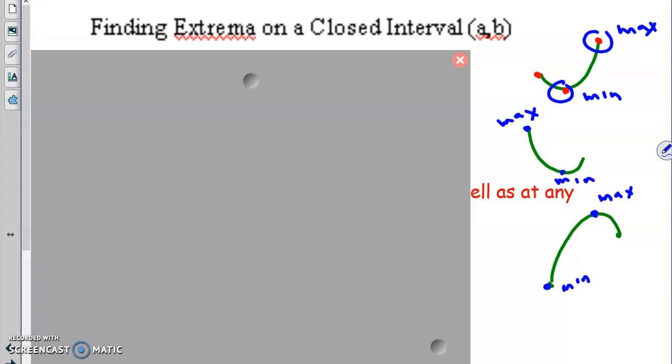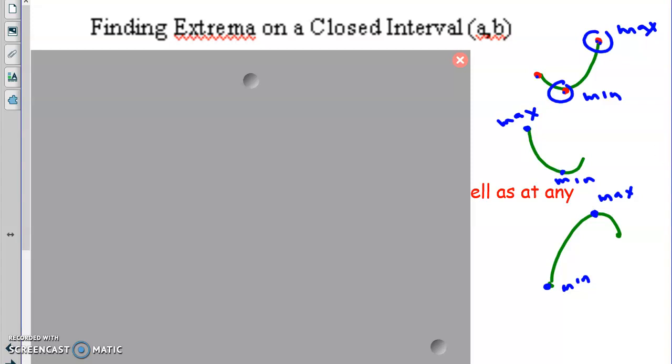That is a critical number. So what we really learned, and you could draw these forever, is your highest and lowest point in an interval occurs at one of three places. Either the place you started looking at, the place you ended looking at, or any critical numbers in the middle. And there could be more than one critical number. There could be more than one bump, more than one relative extrema.